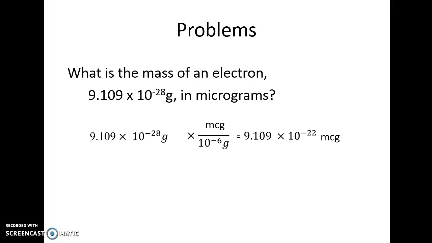Every calculator is different. Come see me if you need help. The EE or EXP key actually puts in the times and the 10. So you don't press times before the EE. You just press shift EE, and then you're going to enter in -28. So you're never putting in 10 and you're never putting in times.